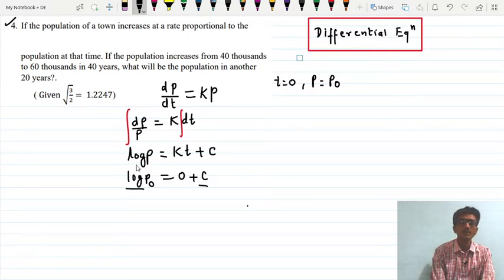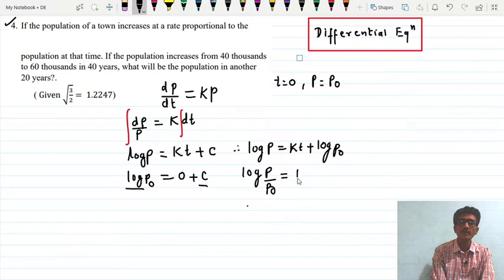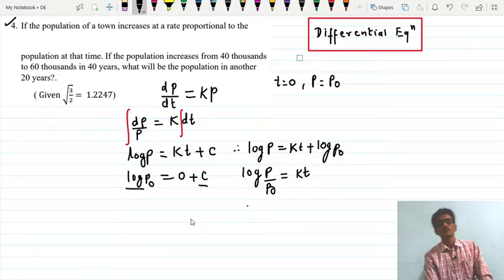If we put this in the equation, it becomes log P equal to KT plus log of P0, and finally this will be log of P minus log of P0, which is log of P upon P0 is equal to KT.